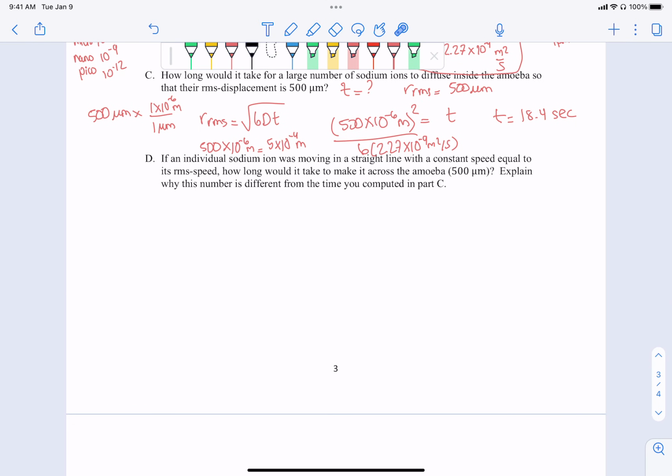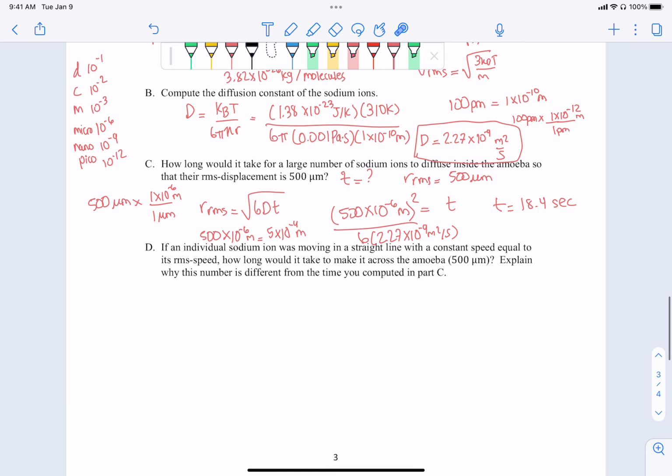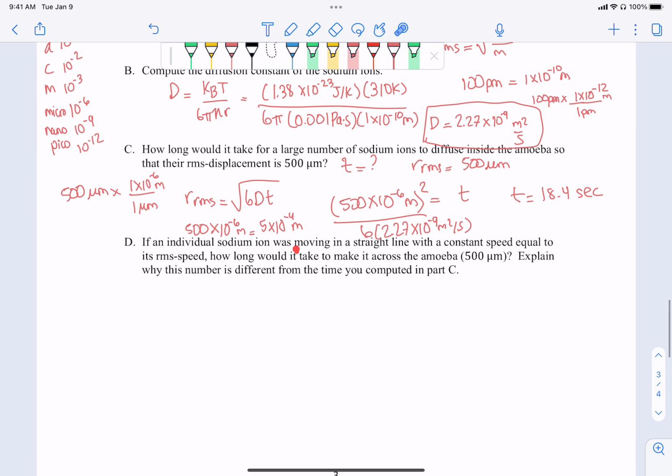So now it's asking us if an individual sodium ion was moving in a straight line with a constant speed equal to its RMS speed, how long would it take to make it across the amoeba, which is 500 micrometers? And explain why this number is different from the time you computed in part C. Well, first of all, they're asking us to just move in a straight line, right?